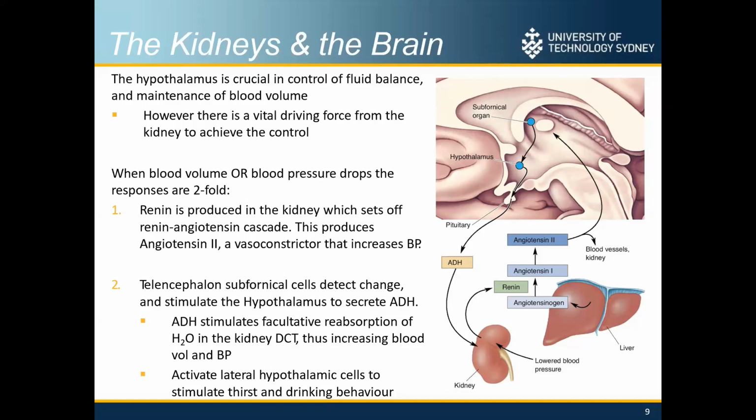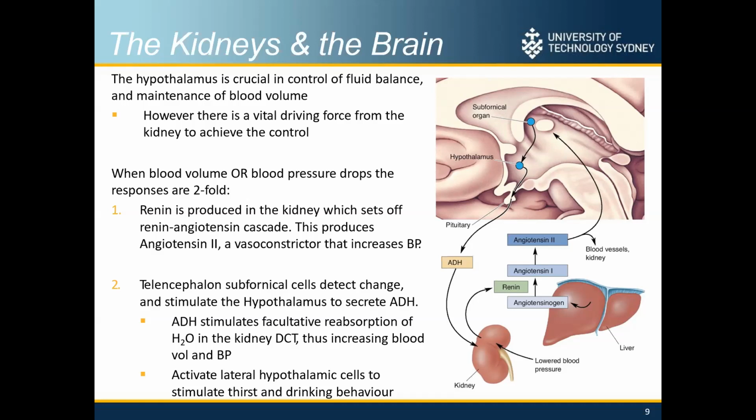When this mechanism is activated, the telencephalon subcortical cells detect the change and stimulate the hypothalamus to secrete antidiuretic hormone. And this hormone stimulates the facultative reabsorption of water in the kidney's distal convoluted tubules, and thus increasing blood volume and also the blood pressure.